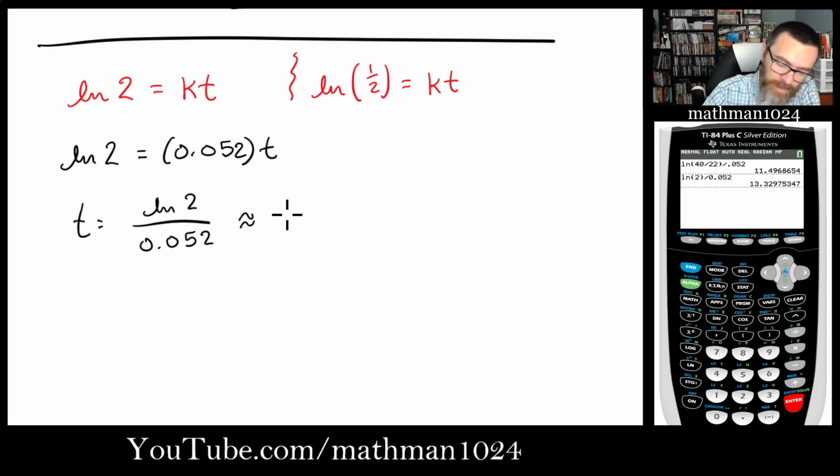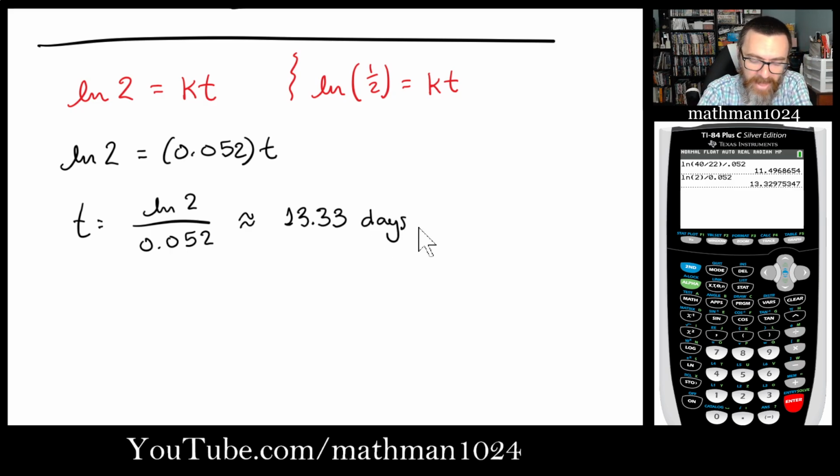All right, so it tells me that this is about 13.33 days. So we're saying that in 13.33 days, the size of the culture will have doubled in mass.